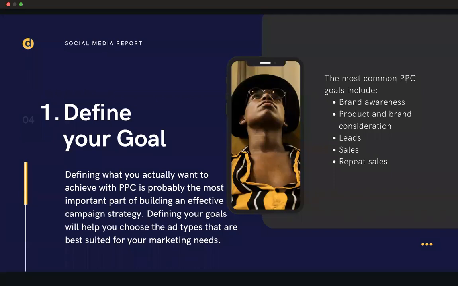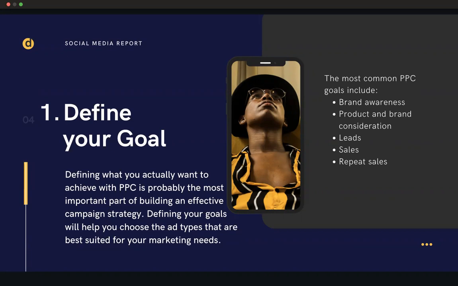Thank you. So defining what you actually want to achieve with PPC is probably the most important part of building an effective campaign strategy, right? When we spoke about content marketing, digital marketing, even normal business, setting up your business for success, we spoke about having a goal. It is very important.